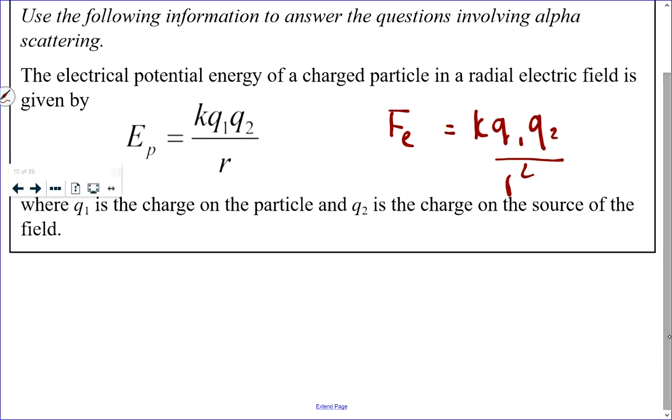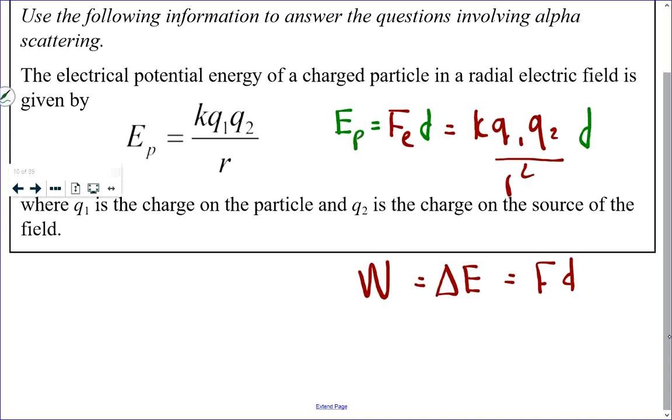The most basic answer I can give you is that work, which is change in energy, is force times displacement. So if I take this force equation and I do this to it, what I'm getting is energy and its potential energy. And the fact of the matter is, D and R are the same thing. So one of them cancels, and you're left with R on the bottom. Okay.